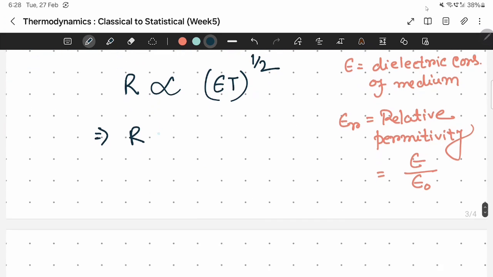So epsilon equals epsilon naught epsilon R, and RD goes with (epsilon naught epsilon R T) to the power half.